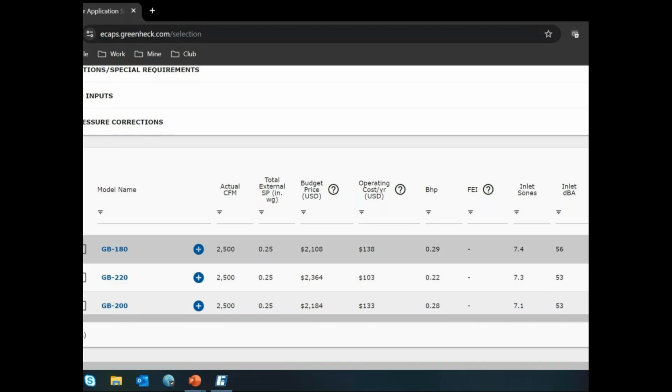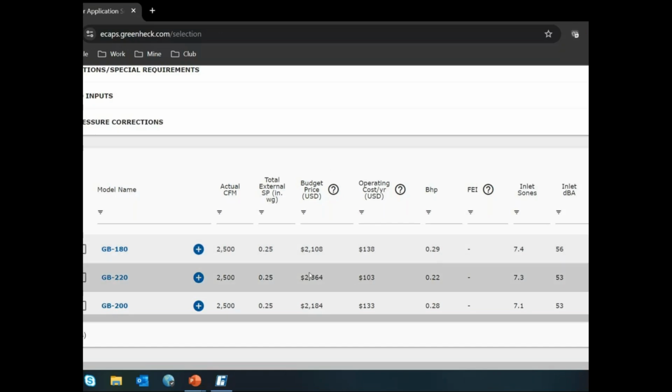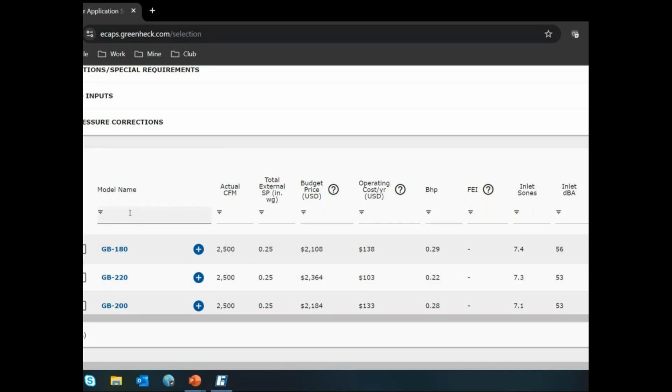My ranking is developed off an algorithm of cost, cost to operate, efficiency, and sound. I'm using those and saying, okay, if I wanted to put something in front of you that was a good mix of all these, here's how I would do it. But you can go through this entire 149 fan list and get just the right one you're looking for.